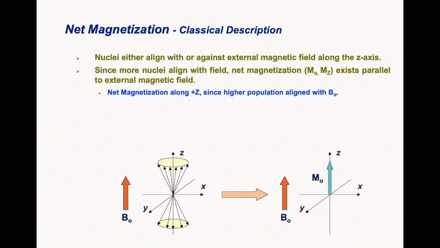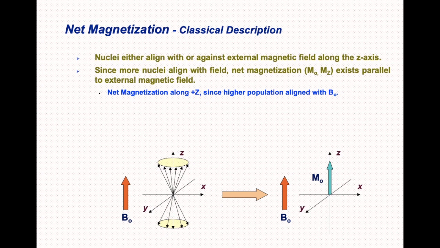The classical description of NMR can also be understood in terms of net magnetization. What do we mean by net magnetization? We understood from the previous discussion that the nuclei behave like tiny bar magnets. When you place them in the external magnetic field, they will try to align with respect to the applied magnetic field direction.